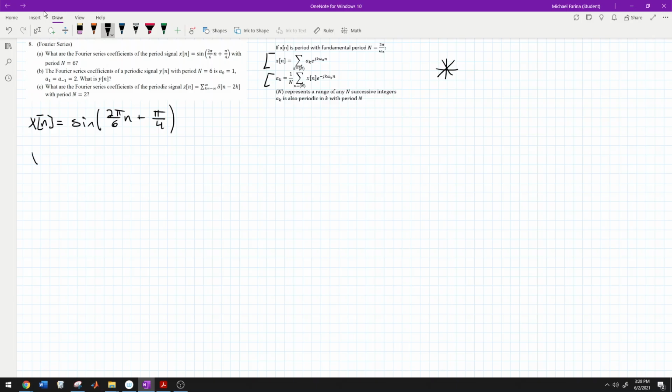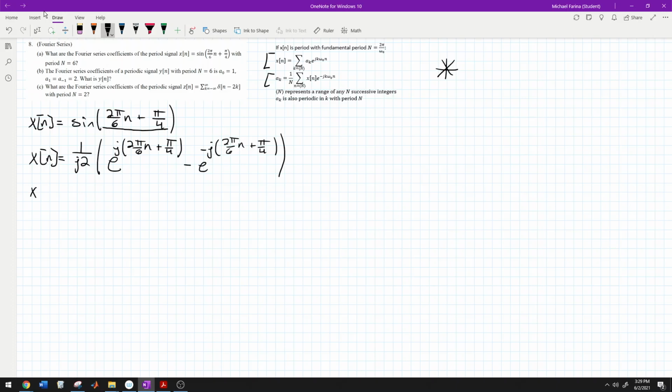We get that x of n is equal to 1 over j times 2, times e to the j times 2 pi over 6 times n plus pi over 4, minus e to the negative j times 2 pi over 6 times n plus pi over 4.